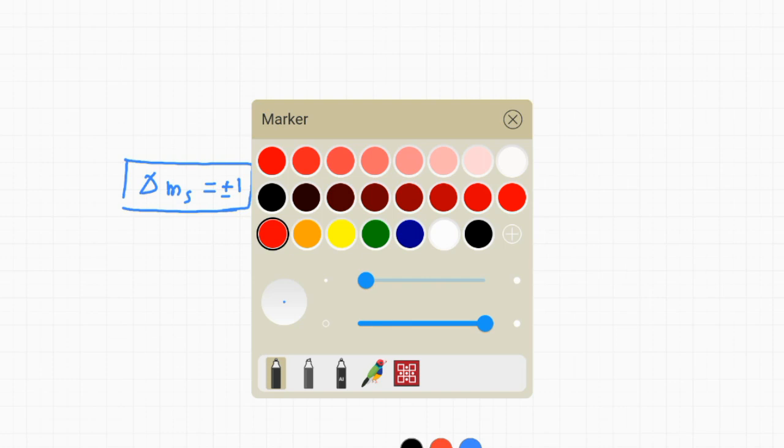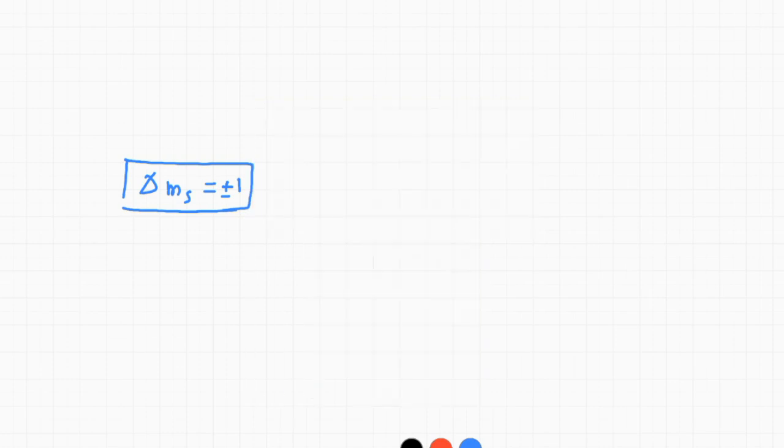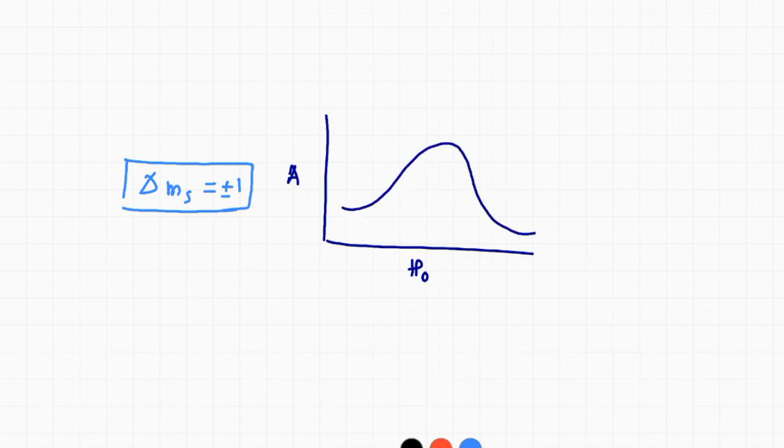In ESR spectroscopy, you get a two-dimensional graph of absorption versus field strength, and you get this type of spectrum.